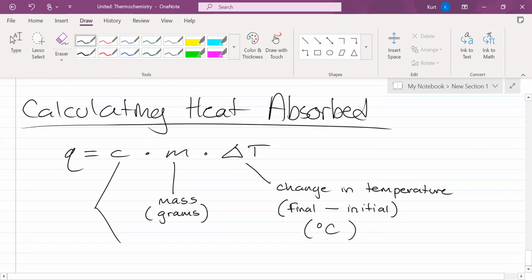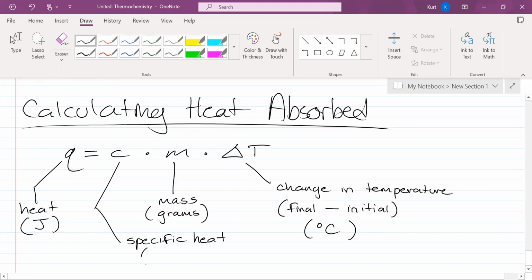C is going to be the specific heat. And what is Q? Just heat. What is heat measured in? Joules.